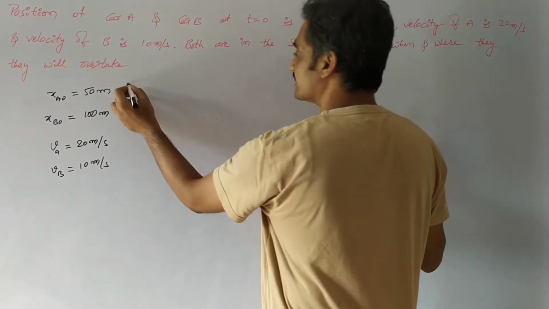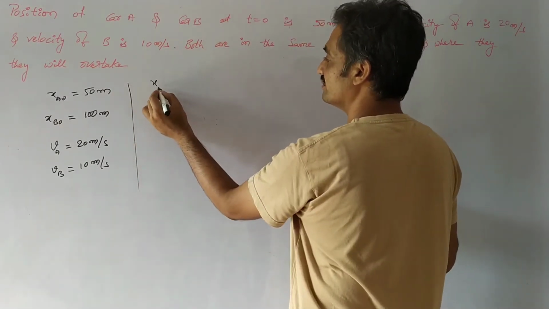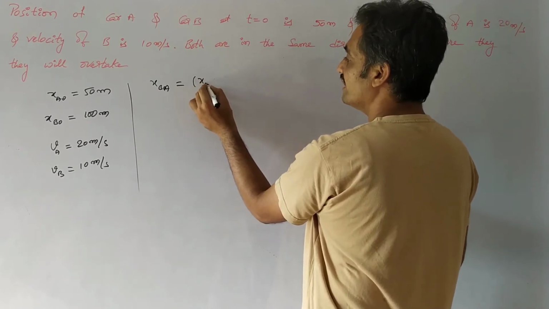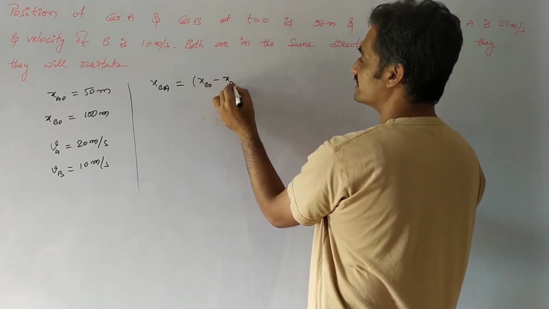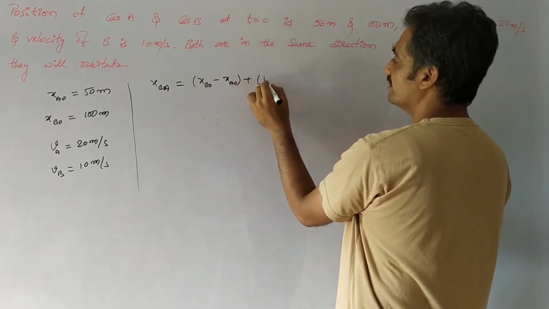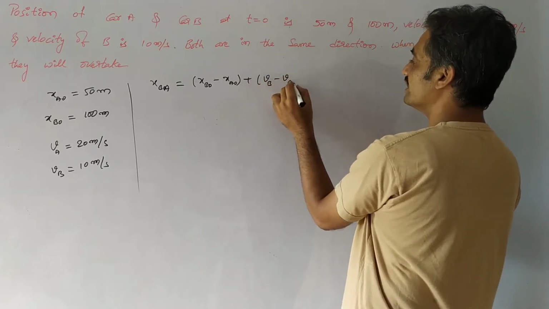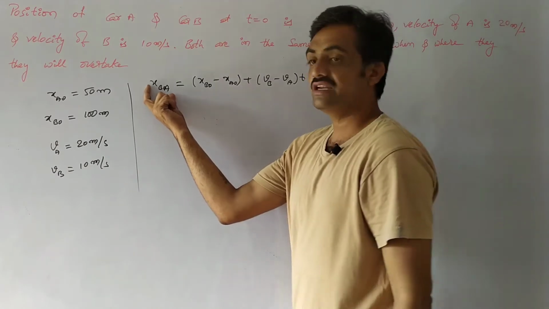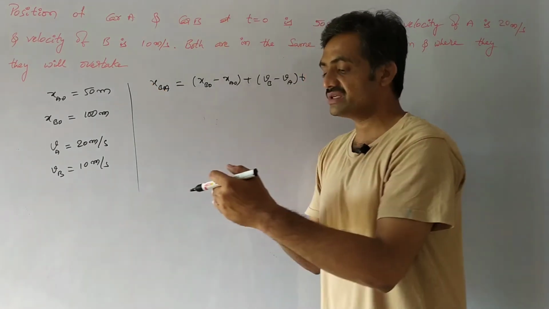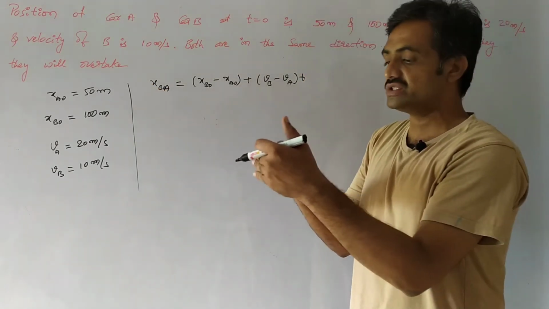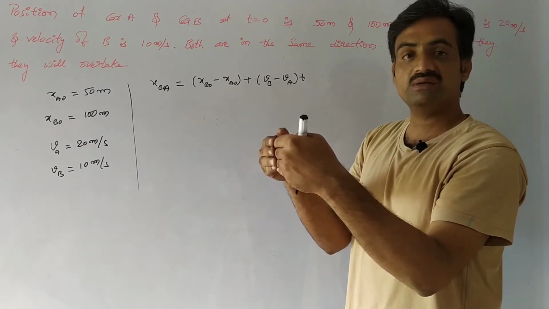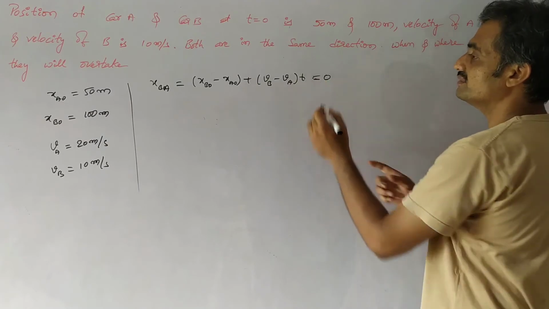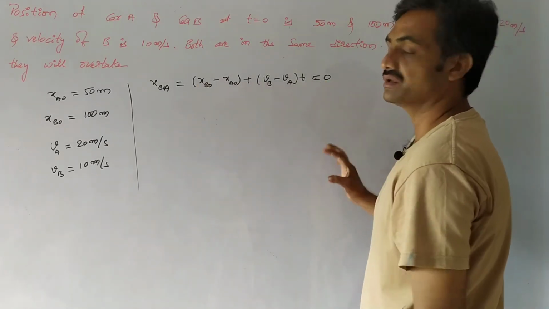Let us consider the relative displacement equation, where x_BA equals x_BO minus x_AO plus (v_B minus v_A) into t. Since they are going to overtake each other, the relative displacement between the two bodies is 0. So we substitute 0 for x_B minus x_A.